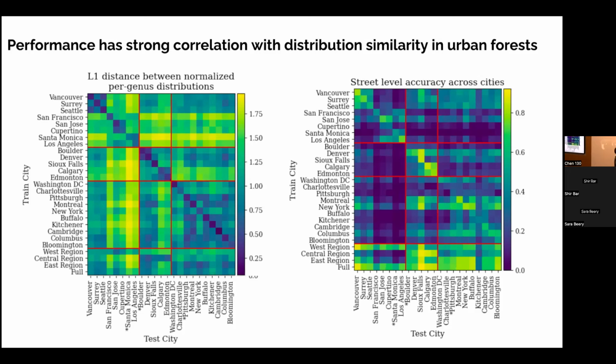Now, the colors are flipped here, but now this is looking at accuracy. If you train on one city and test on another city, how well does that model generalize? What are the things that it does well? You can start to see that there are clear patterns here, right? You tend to get better generalization when your distributions are more similar. And it kind of makes sense because essentially the distribution over your training classes, you can almost think of it as a likelihood prior that the model is learning.